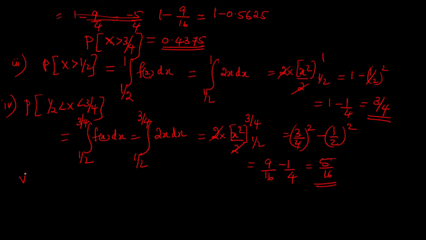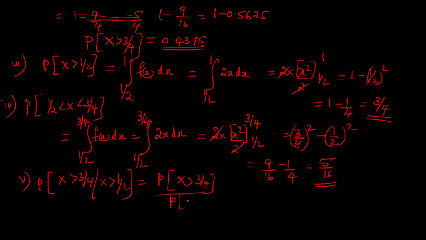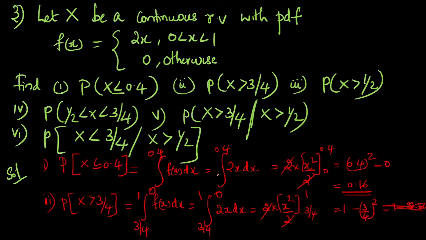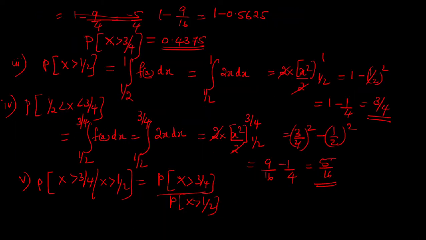Next part is P of x greater than 3 by 4 given x greater than 1 by 2, which is equivalent to P of x greater than 3 by 4 divided by P of x greater than 1 by 2. We have already found that probabilities P of x greater than 3 by 4 and P of x greater than 1 by 2.